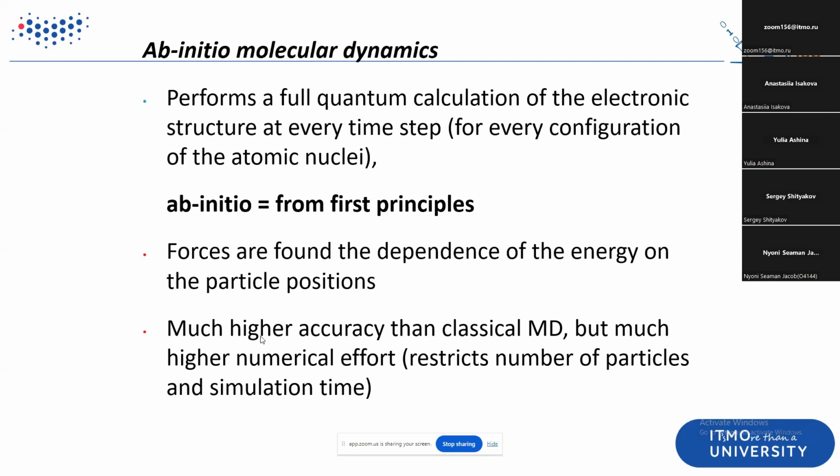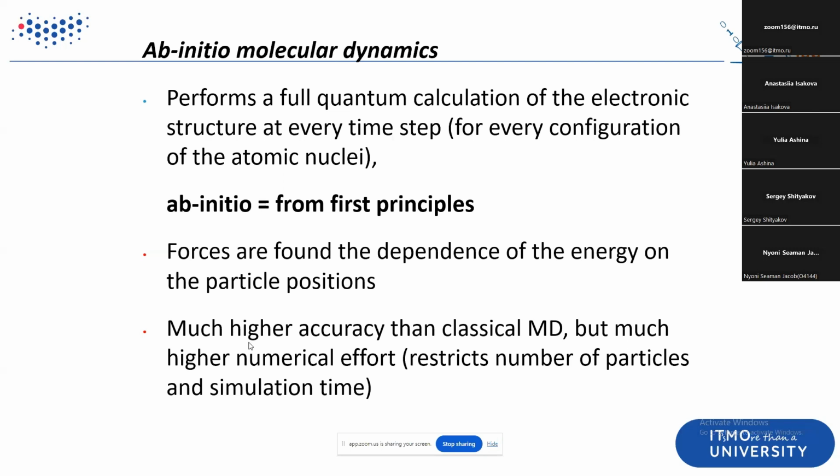It has a much higher accuracy than classical molecular dynamics, but much higher numerical effort, which restricts the number of particles and the simulation time. So last time I already mentioned that the simulation time of ab initio molecular dynamics is only in the femtosecond to picosecond range.